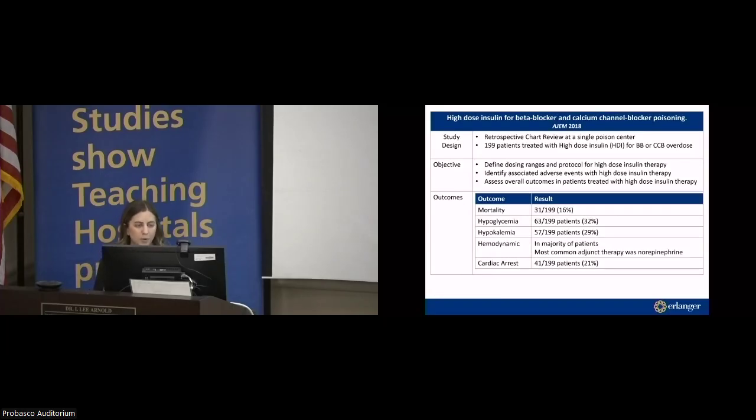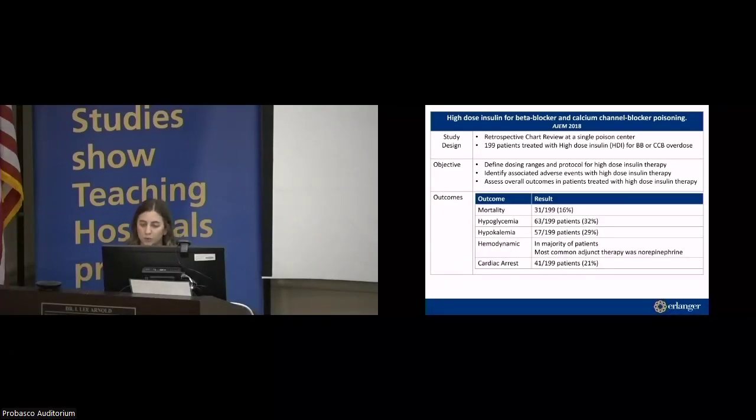So there are a couple of different reviews that look at how to dose high dose insulin, the effect that it can have as far as clinical outcomes, and monitoring. The first was a retrospective chart review from 2018 that looked at 199 patients treated with high dose insulin, either for beta blocker or calcium channel blocker overdose.